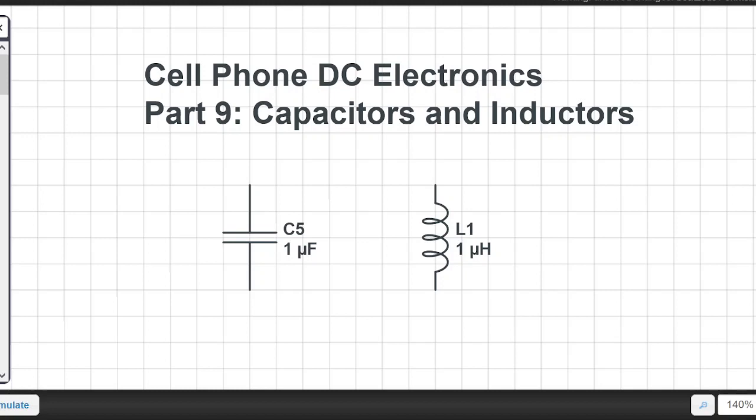And then you have inductors. And inductors are essentially a coil of wire. And all they do is they're coiled together and they create a magnetic field. And that magnetic field also stores energy.